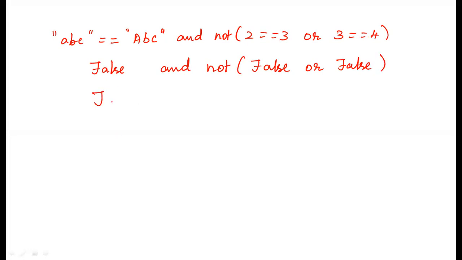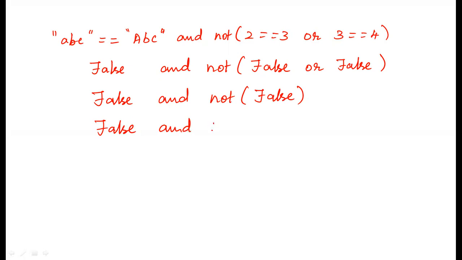So false and not of, we have to evaluate the brackets. So false or false, again it is a false value. Not of false is nothing but true. So false and true, based on your AND operator, is a false value.